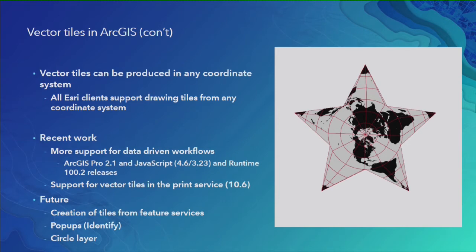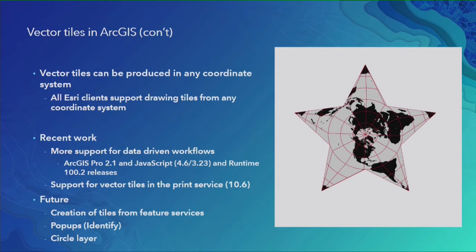One is hitting an associated feature service to get rich attribution, and another one we're definitely doing for Pro and eventually Runtime is to hit the tiles and bring back the minimal attribution that exists in the tiles themselves. If you're familiar with the Mapbox GL style spec, there's a layer concept in there called the circle layer that's for really simple drawing of circular, basically point symbols. And we're adding support for that in the next releases of all of our APIs.